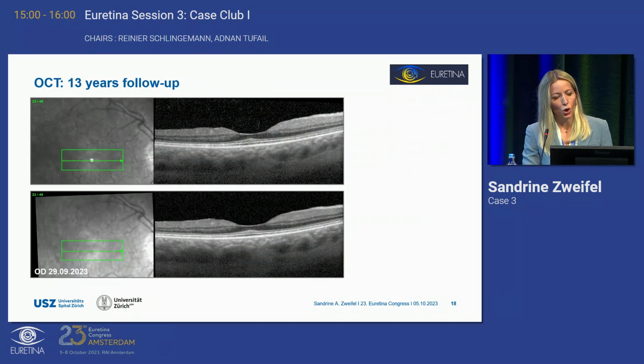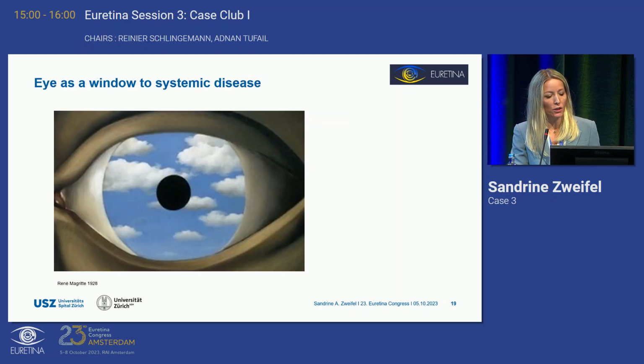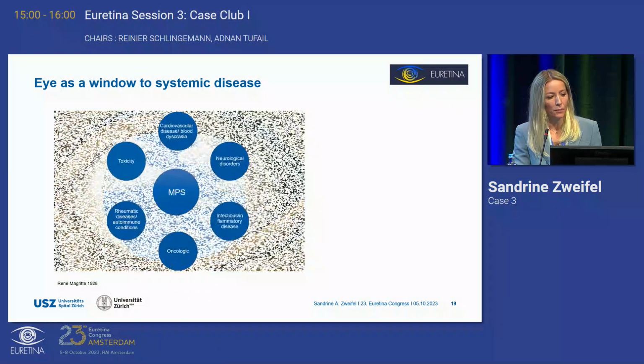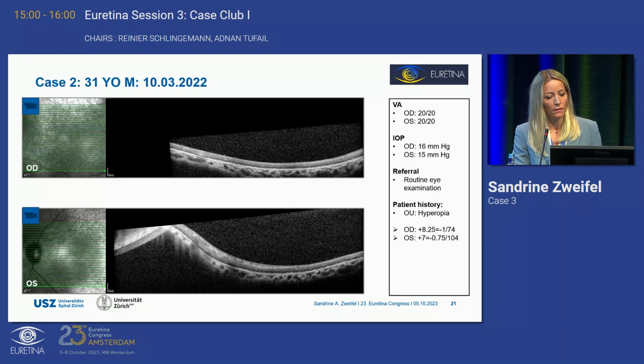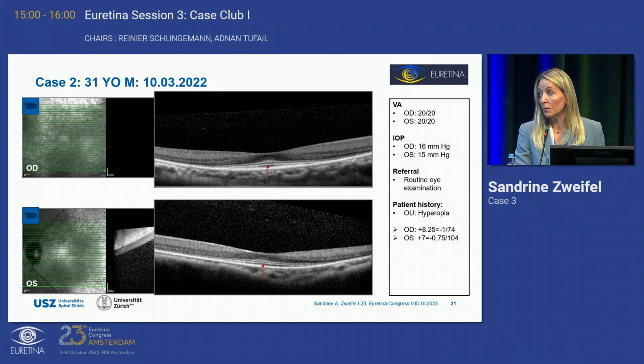And we talked about follow-up, so we have quite a long-term follow-up, and what is striking is that these depositions don't change. But just to mention, this patient didn't have an enzyme replacement therapy. So I just showed you a case where the eye is actually a window to systemic disease, and of course there is a broad spectrum of these MPS disorders.